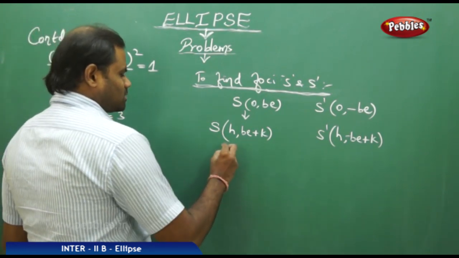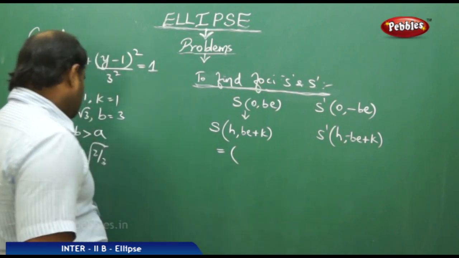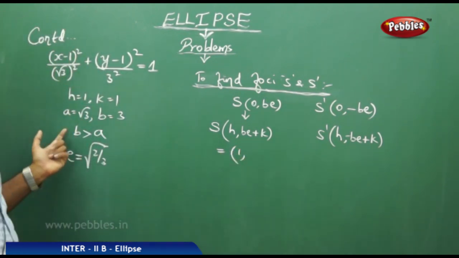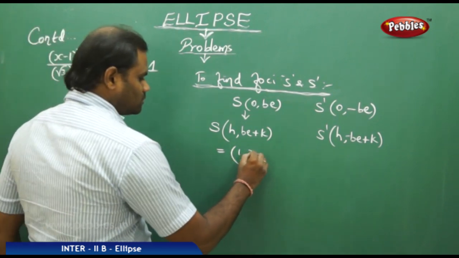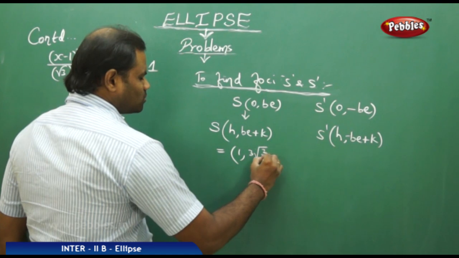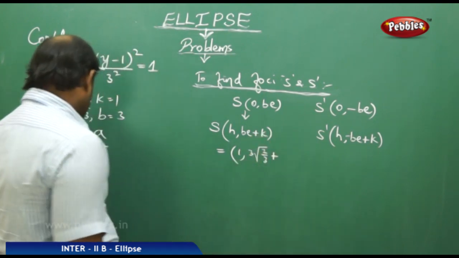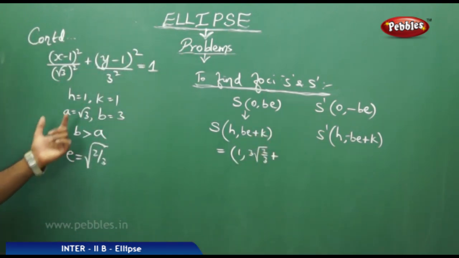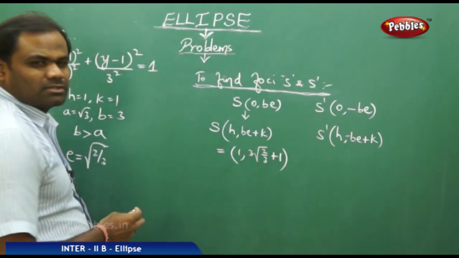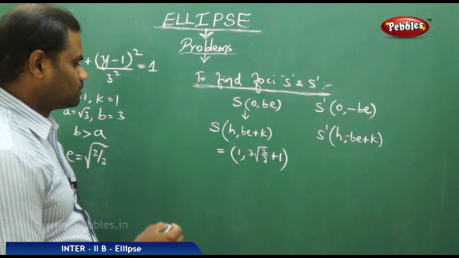So this is nothing but h, which is 1, and b, which is 3, times e, which is root 2 by 3, plus k, which is 1.